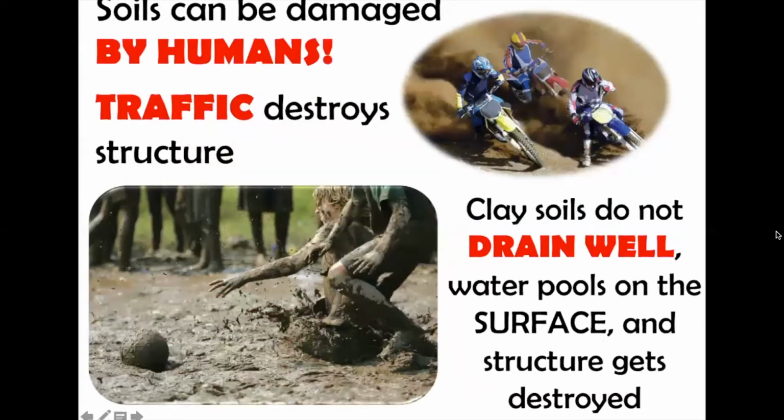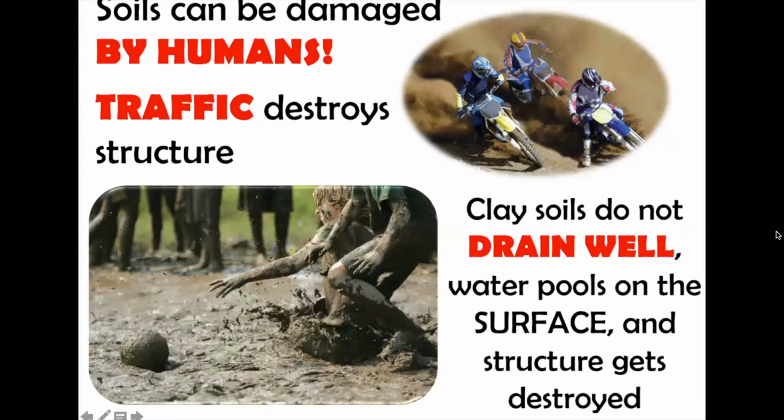So this is pretty much saying how much impact humans have on the soils and how much we damage the soil, especially the soil structure. Yes, it is very difficult to change a soil texture, but if you think that's difficult, it's way more difficult to change a soil structure after it's been destroyed by compaction.